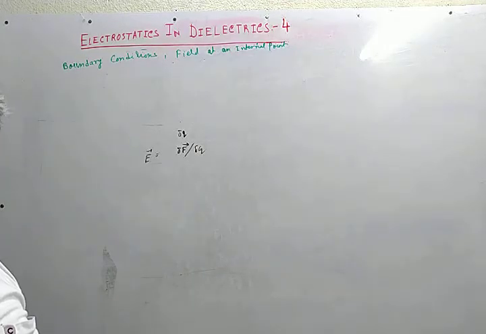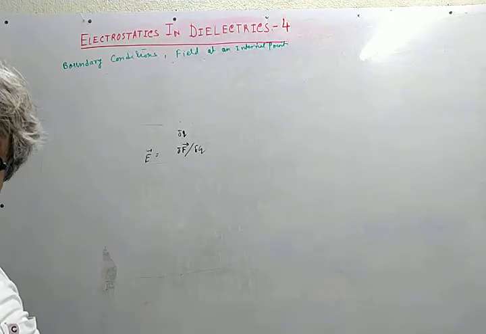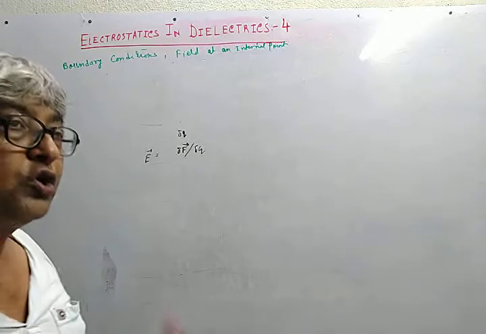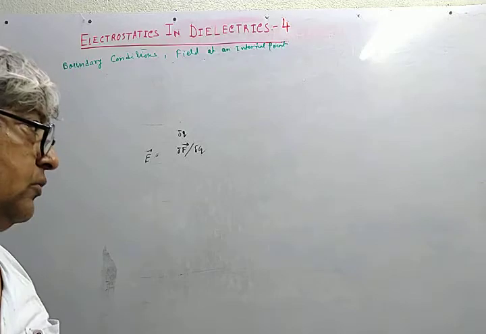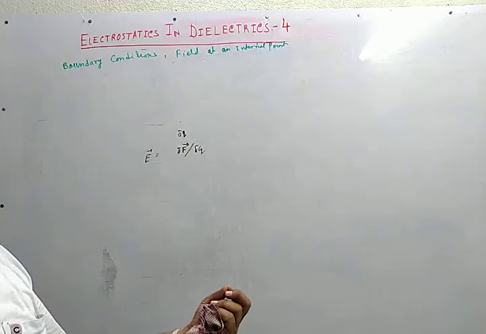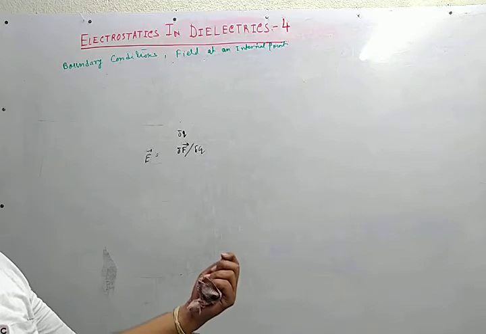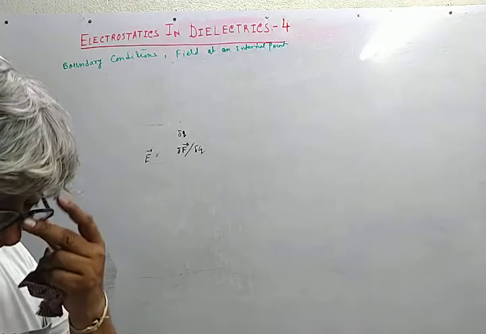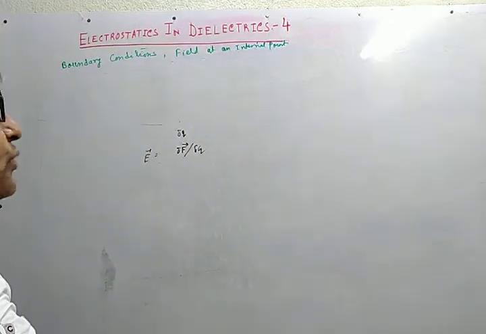The cavity size is small enough in comparison with the dielectric as a whole, so it can be treated as a small cavity. At the same time, this cavity is large enough to accommodate a good number of molecules, so that the test charge placed there is far from the molecules of the dielectric. This is the concept of finding the electric field within a dielectric.